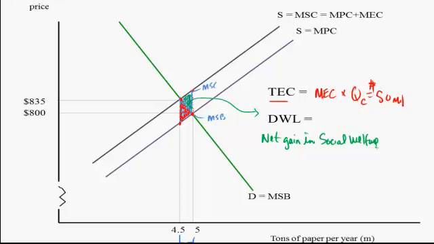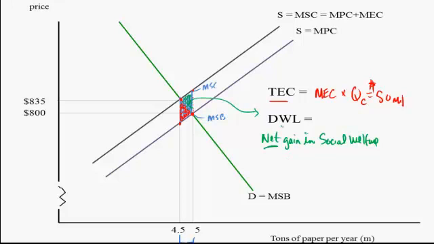So if we were to get the market to move from 5 million, where we know it's inefficient, to 4.5 million, where we know it's efficient, then what was a deadweight loss at 5 million would then become a net gain in social welfare at 4.5 million. And that net gain, because it's net, is really net of the total damages, or total benefits, if you will, from moving from 5 to 4.5, which was the blue area before, net of the red triangle, which is the cost to firms and communities, leaving us what's left over, the green triangle, known as the net gain in social welfare.